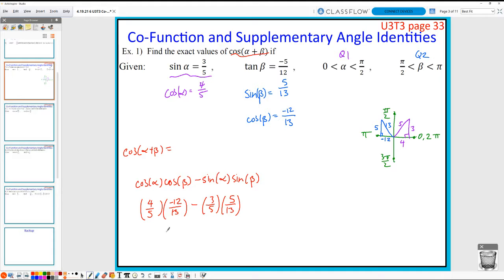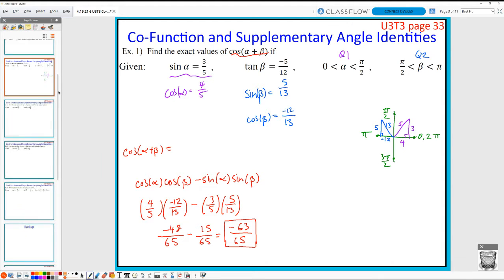Okay, so I have negative 48 over 65 minus 15 over 65. If I take the difference here, I'm going to have negative 63 over 65. So I would really try to organize all my sines and cosines like that. I think that'd be a lot easier to work with.